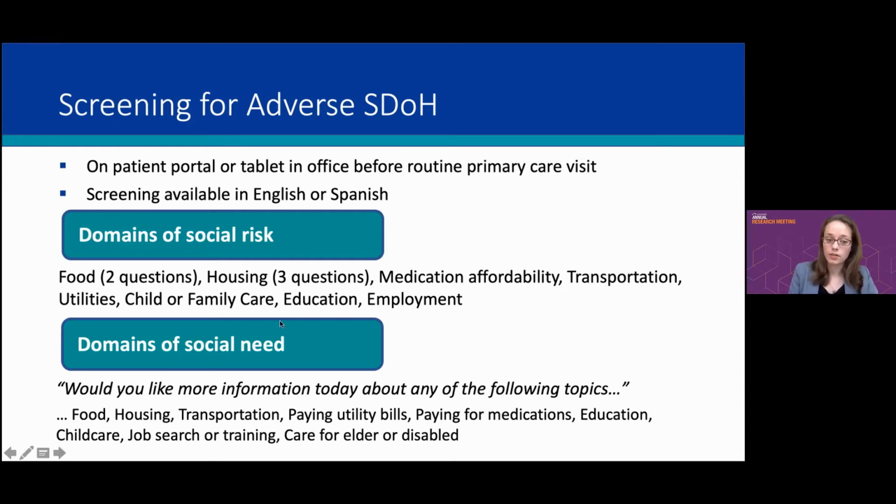And then at the end of the survey, there's a question that asks about social need, stating, would you like more information today about any of the following topics? And then includes the 8 domains that were screened for as part of our social risk screening.